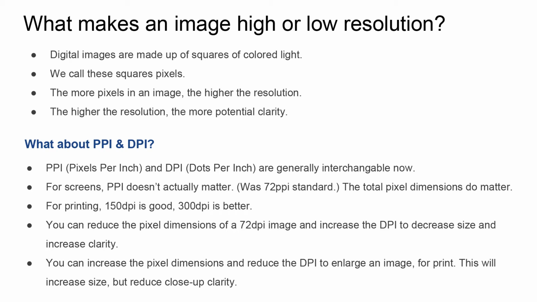Now for printing, that's not true. For printing, the minimum you want to print at is 150 DPI or PPI. 300 is ideal. There are printers out there that can do 600, but they're really high-end printers. And the reason that matters is because you actually have a tangible physical size.